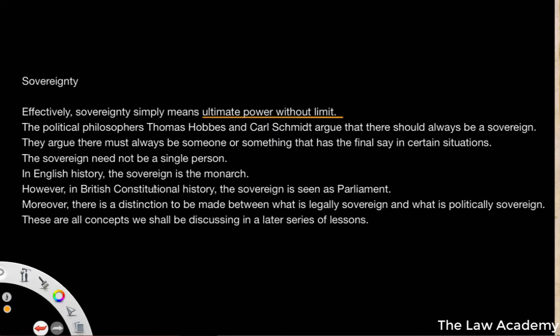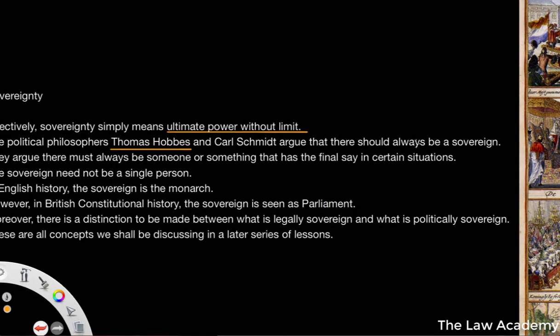Okay, political philosophers like Thomas Hobbes, who was a philosopher working around the time of the English Civil War, and Carl Schmitt, who was a political philosopher who was around during Nazi Germany and was actually a member of the Nazi Party himself, argue that there should always be a sovereign.